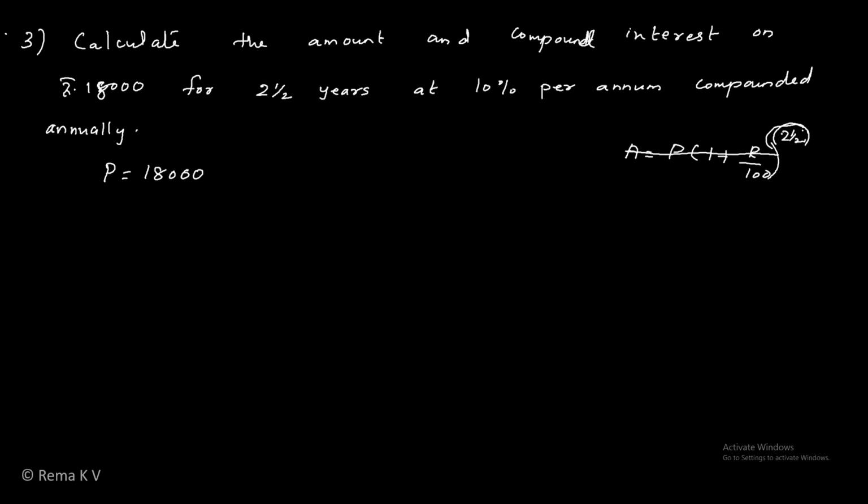So what you have to do is, first you consider N is equal to 2, because this is 2.5. Then the rate is to be taken as 10. Calculate the amount now. Amount is equal to P into 1 plus R by 100 the whole raised to N.